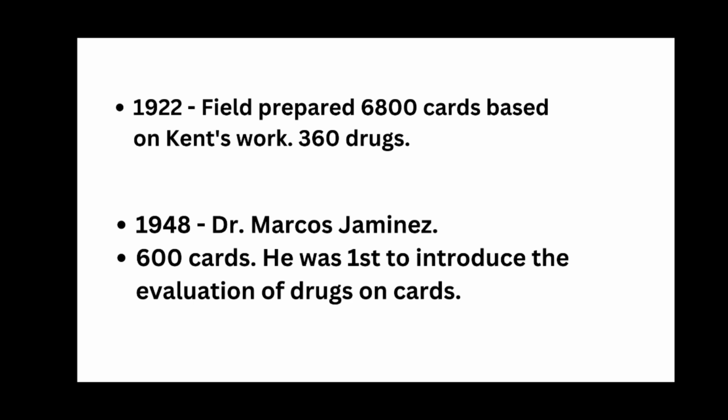The number of drugs used is 360. In 1948, Dr. Marcos Geminus published 600 cards. He was the first person to introduce evaluation of drugs on card. So, this question can be asked: who introduced the evaluation of drugs on cards? The answer is Dr. Marcos Geminus. That is in 1948.